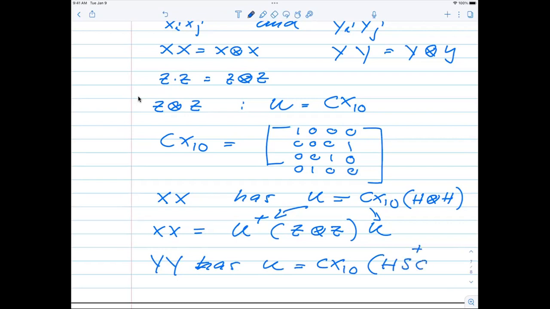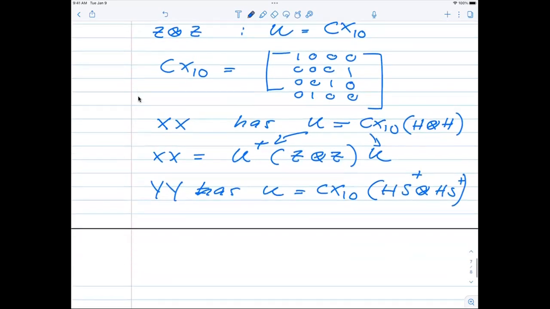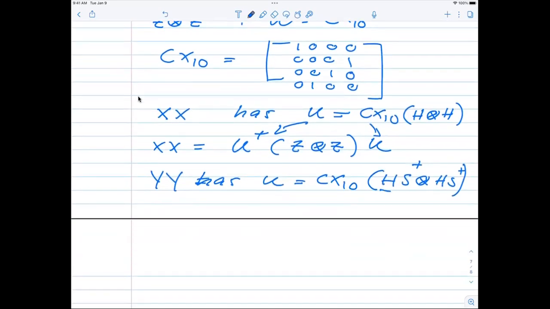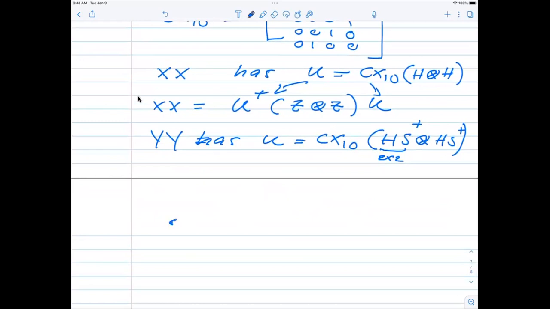And this is a tensor product of H times S, like this. So remember now that everything in here is a 2x2 matrix. And this matrix S looks like this, has 1, it has i, and 0 here. This is normally called the phase matrix.